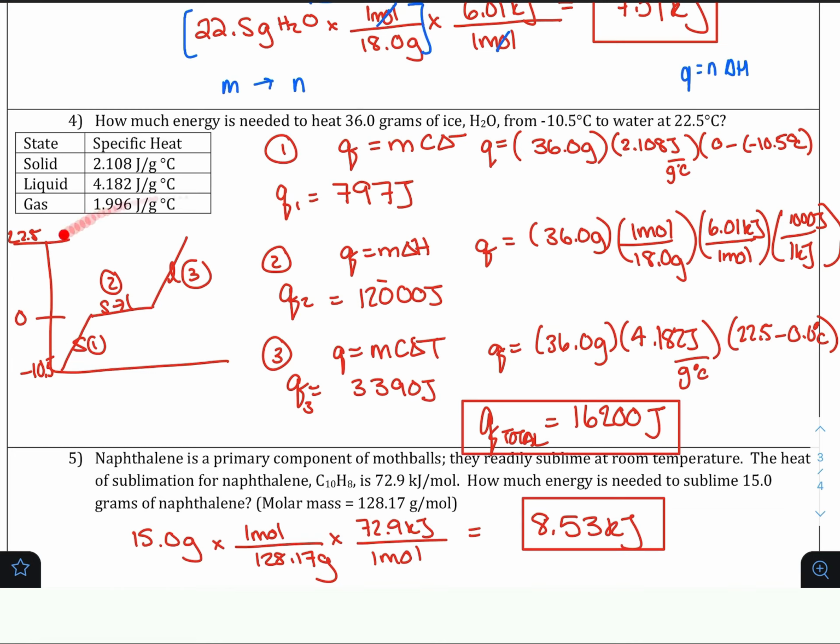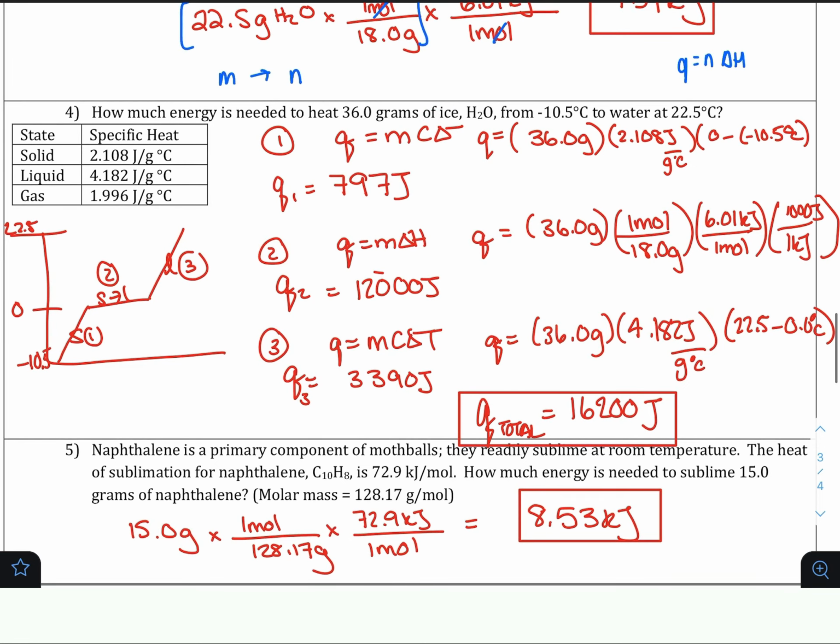When we're at negative 10.5, hopefully we understand that it says ice, which means it's a solid. Then we're going to heat it up till we get to about 0. At that point, we start going from a solid to a liquid. Then the third part is that we are just a liquid, and we just heat the liquid up to the 22.5.